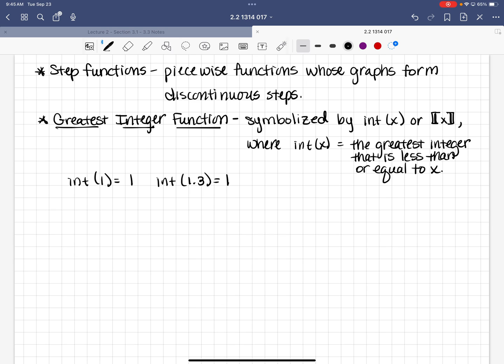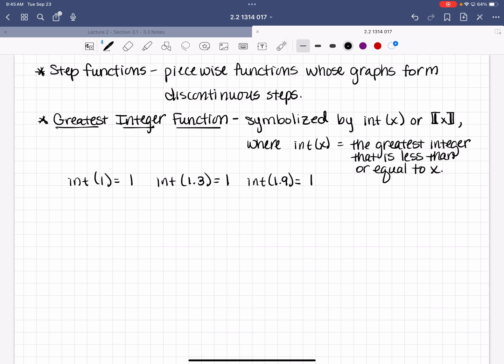It can't be a decimal or a fraction, and it can't be bigger than what's inside the parentheses. So the greatest integer of 1.9? You're not going to tell me 2 because 2 is bigger than 1.9. The name makes it kind of deceptive, because you think the greatest integer is 2, but no, we want the greatest integer that's not bigger than what's in the parentheses.